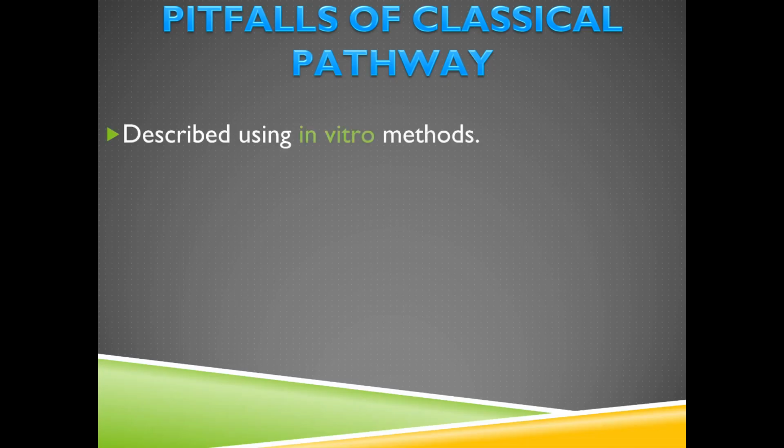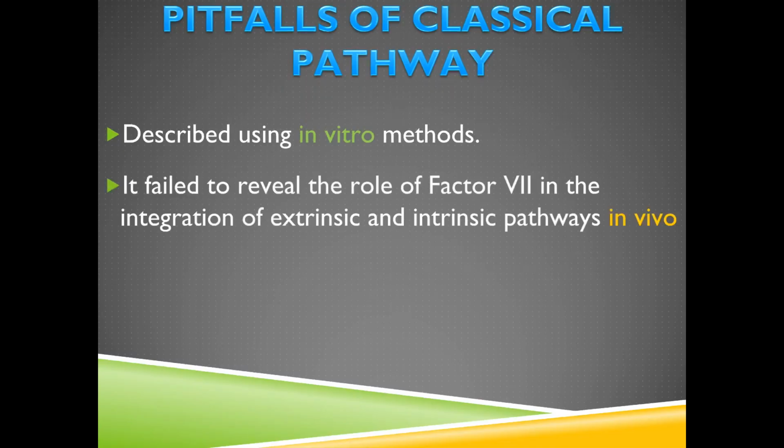What is the pitfall of this classical pathway? It was done in test tubes or in the lab, so it's not done in the human body. So it failed to reveal the role of factor 7 in the integration of the extrinsic and intrinsic pathways.